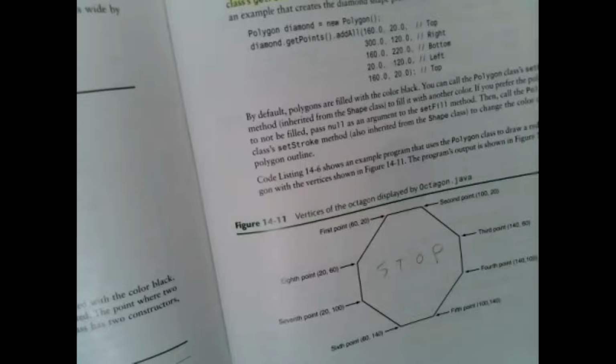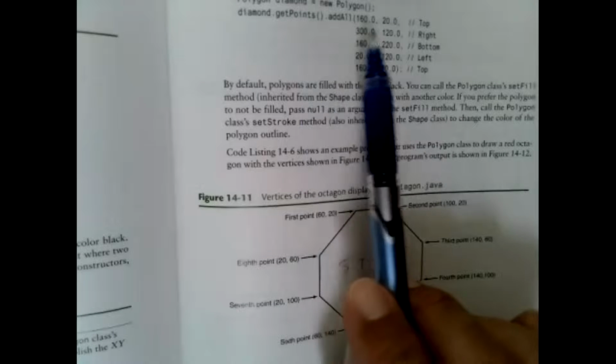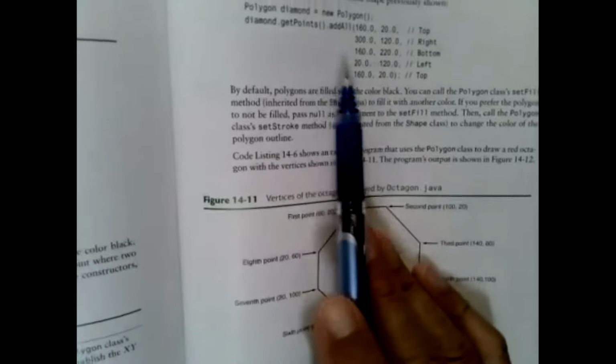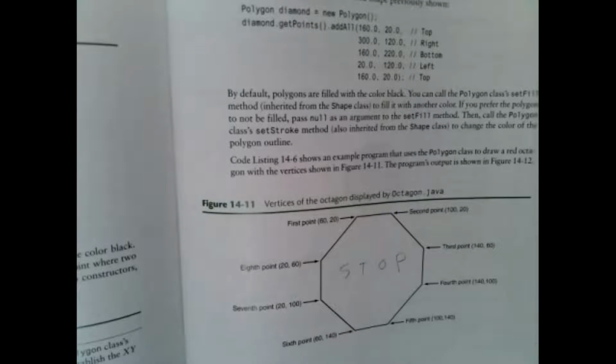The polygon class. My constructor, yeah, I made a stop sign out of this. My constructor looks like, okay, I keep getting ordered pairs that I would keep drawing. And before you know it, I can come up with something that looks like a stop sign.